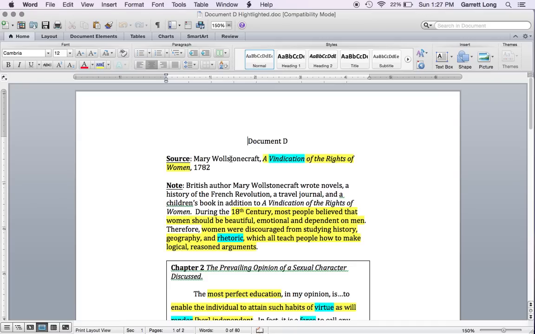Once again, all this is saying is the role of women in society. They should look a certain way. They should be at home, taking care of the home and the children. They have their place in society. Now, is that necessarily true? Absolutely not, and that is what Mary Wollstonecraft is arguing.